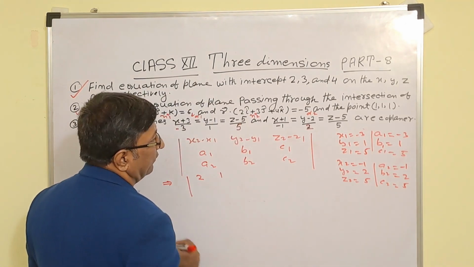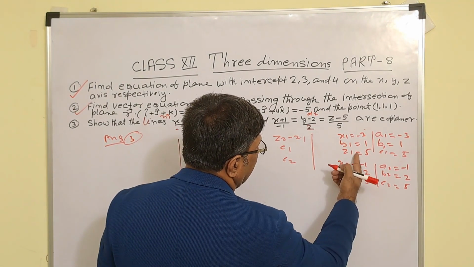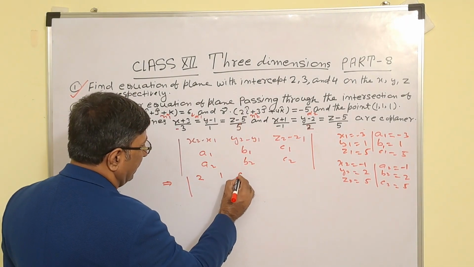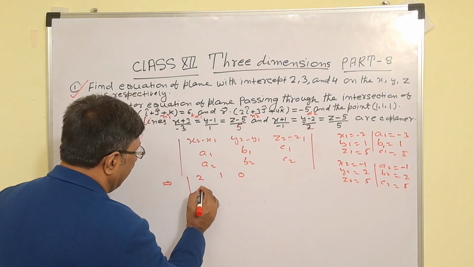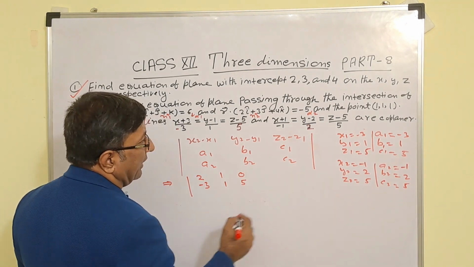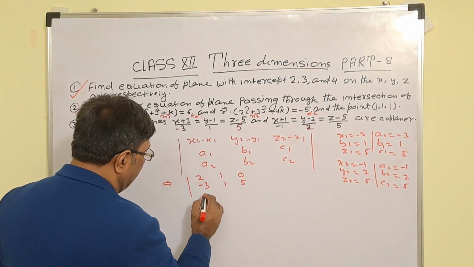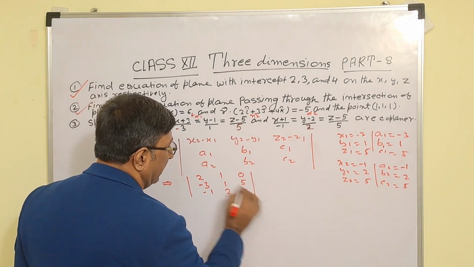Again, z2 minus z1: this is z2, this is z1, that is 0. Now a1, b1, c1: minus 3, 1, 5. Again a2, b2, c2: minus 1, 2, and 5, right?